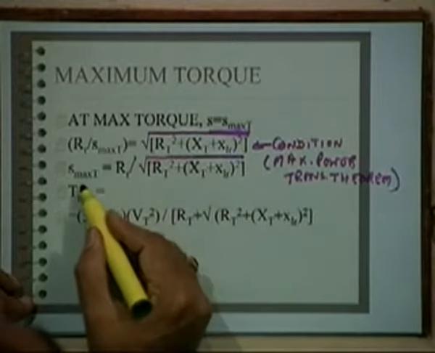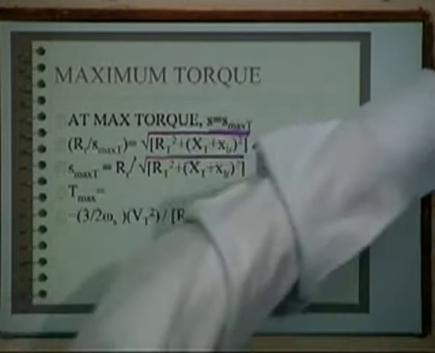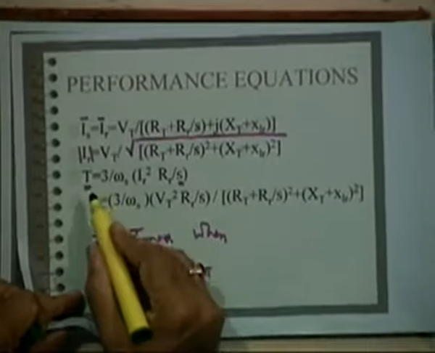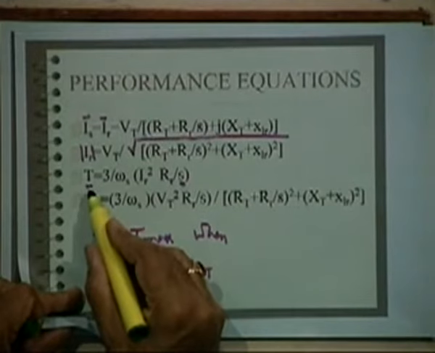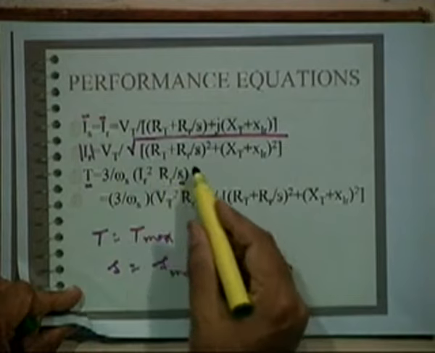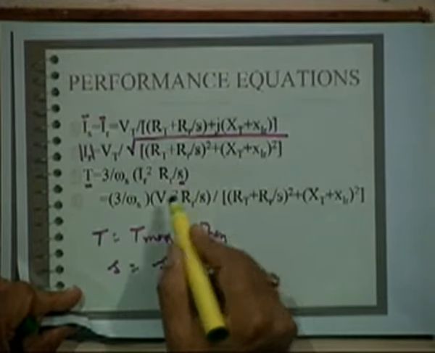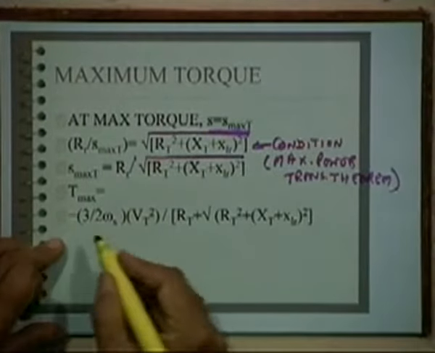And we have to substitute that S max T in that expression for torque which we have already got. This is the expression for torque. For that expression, you substitute RR by S from that expression, and find T max. So if you do that, we get this expression for torque max.